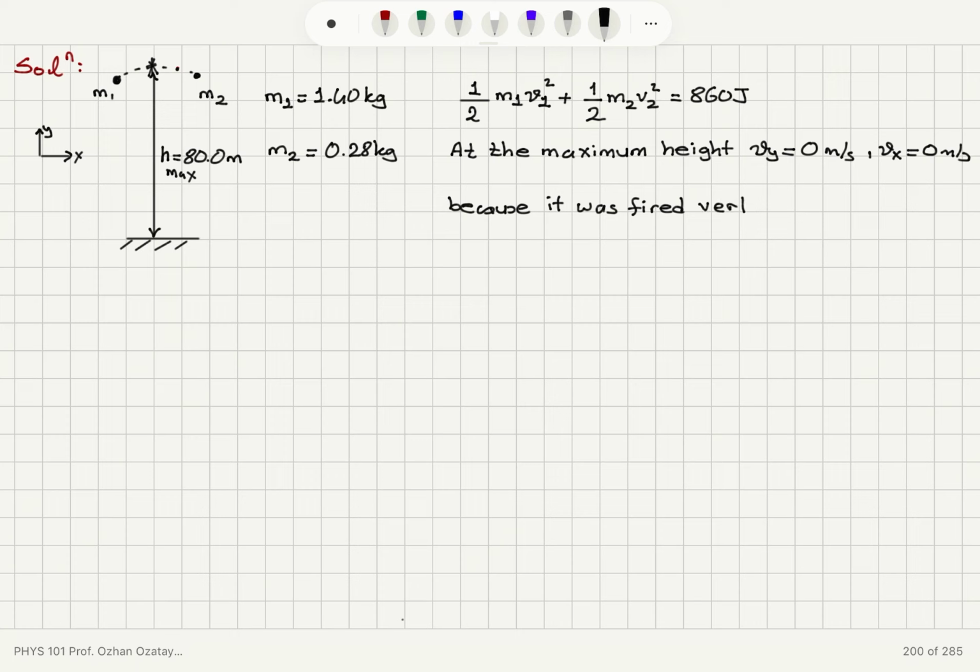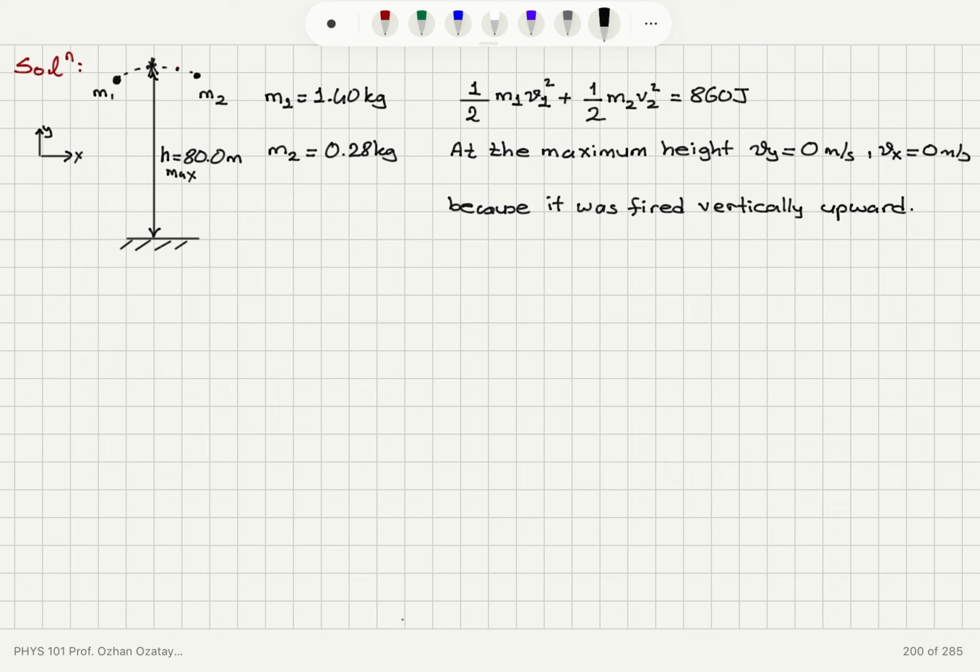So it had an initial y component of its velocity, no x component, and there is no force on the x-axis. Therefore, its x component is always 0, but at the top of its maximum height, it's going to have y component 0 as well. So that's when it exploded.